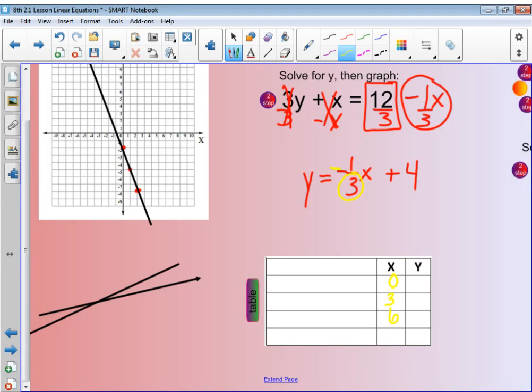So if you want to go ahead and pause your video and work your way through that equation so you can see what the line looks like, go ahead and do that. Pause the video now and work your way through it.